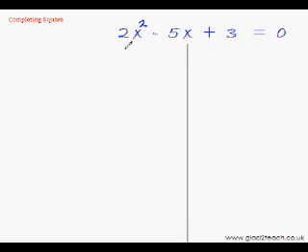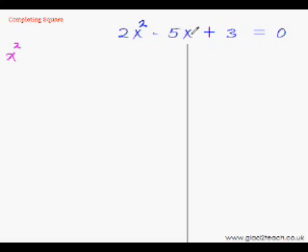So now let me do it. The first step to complete the square of any quadratic equation would be to get rid of the coefficient of the x squared term. We can do it by dividing both sides of the equation by this coefficient, that is 2. So 2x squared divided by 2 will cancel this 2 and we'll be left with just x squared.